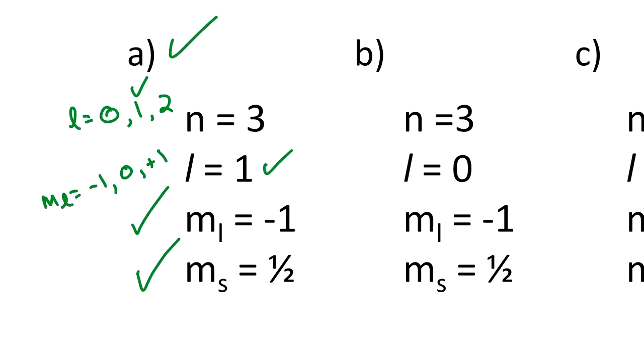Can you tell me what kind of subshell this electron is in? It's in an energy level of 3, so it's a 3 what electron? So L equals 1 here, so that relates to what kind of orbital? P, yes, P. So L of 0 is S, L of 1 is P, L of 2 is D, but specifically this electron is in an L equals 1, so it is in a 3p orbital.